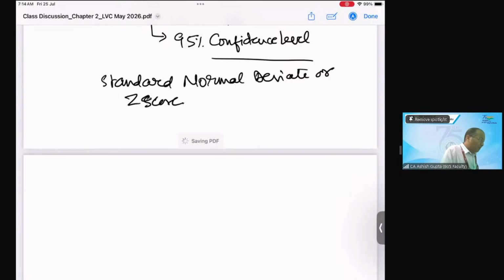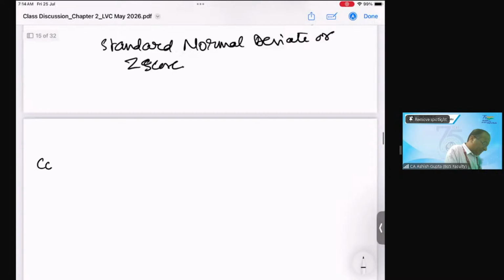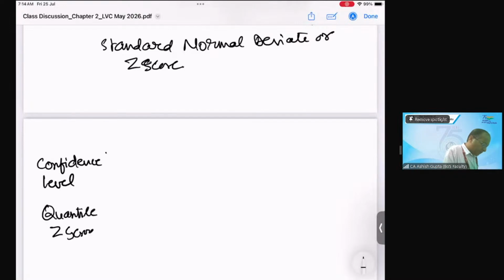So for the normal variable, I'm writing here the confidence level. And here it is also called quantile or Z score. Okay, so what are these values?